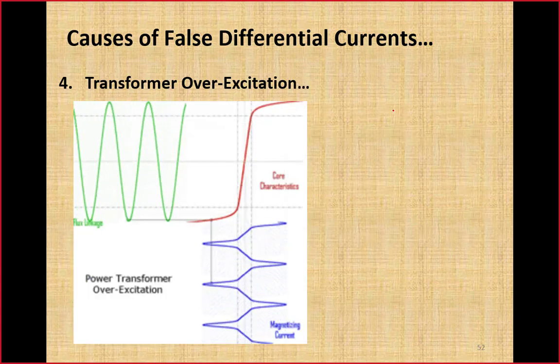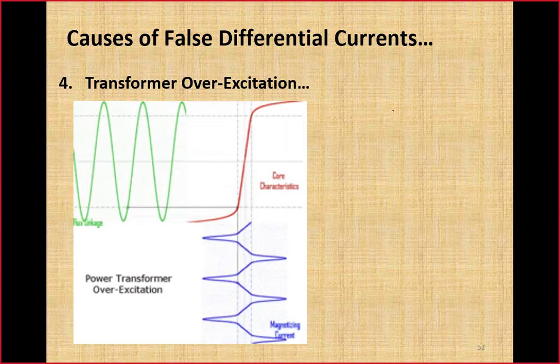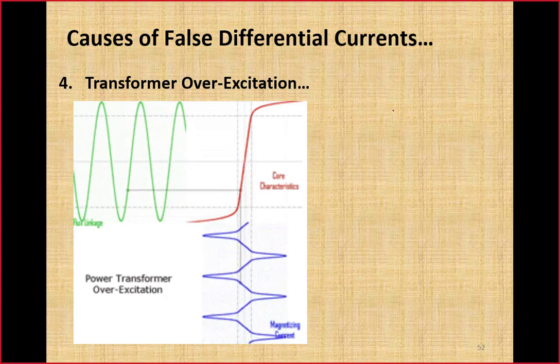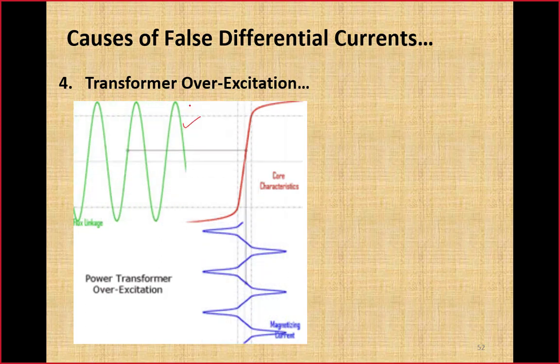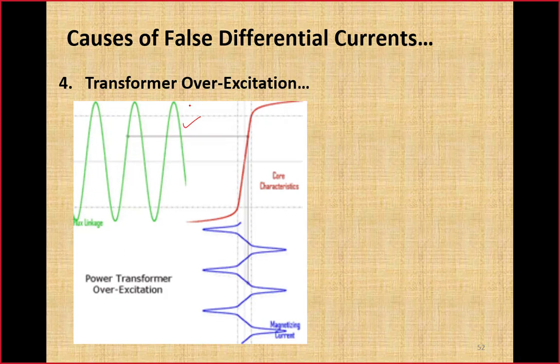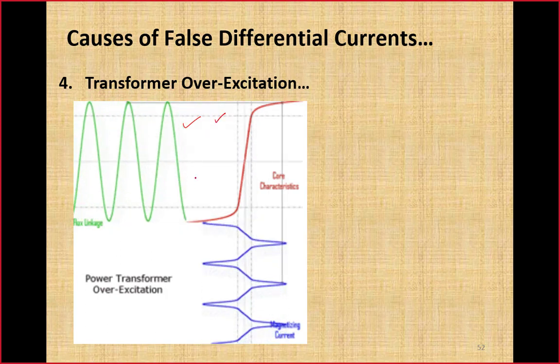So here this animation describes what happens to the transformer core and what will be the nature of current drawn by the transformer during overexcitation. This green color waveform here, this one, that is the flux linkage. We can see its magnitude or amplitude has been increased. Now it is crossing the saturation limit in positive cycle as well as in negative cycle.